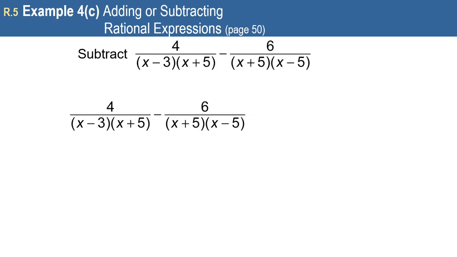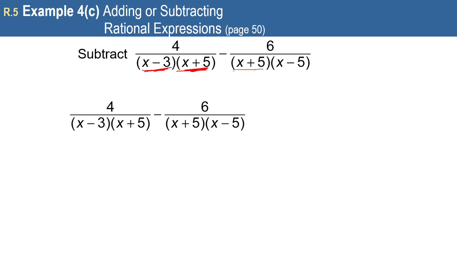In this example, we want to subtract 4 over x minus 3 times x plus 5 minus 6 over x plus 5 times x minus 5. First thing I want to do every single time is find that LCD. So the LCD is going to have to be divisible by x minus 3, so I need an x minus 3. I need to be divisible by x plus 5, so we'll have to add x plus 5 to it.